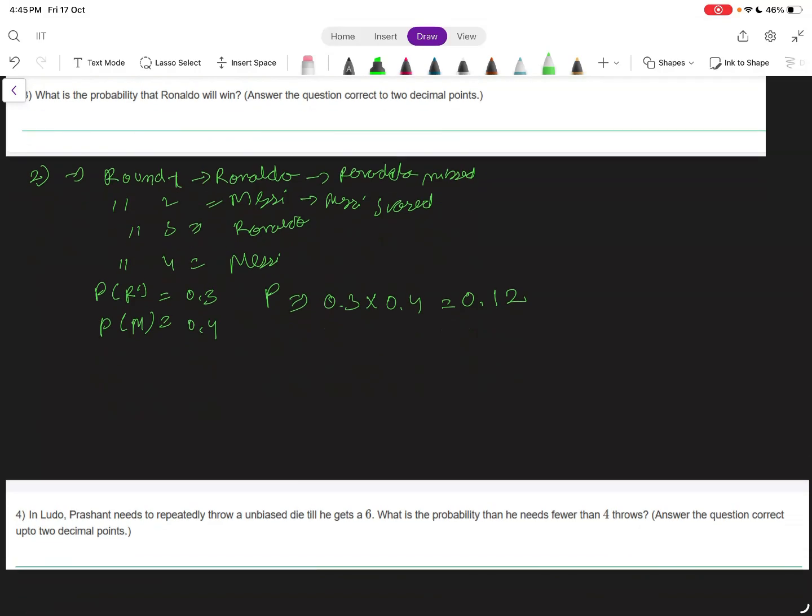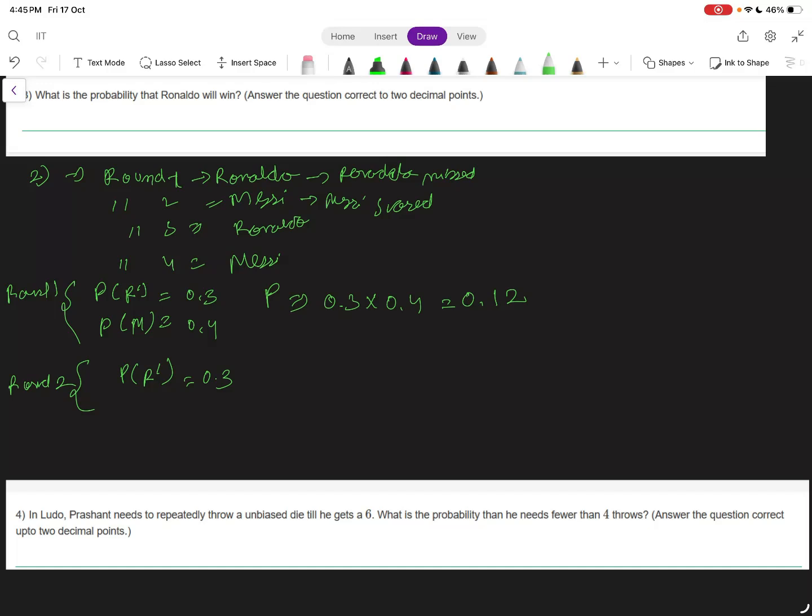We have to do the second round as well, where Messi actually scored. So Messi scored because before the third round he has to win, and before the third round means round one, which we have seen, and this is round two. Here Messi has to win again. So Ronaldo misses again, 0.3.